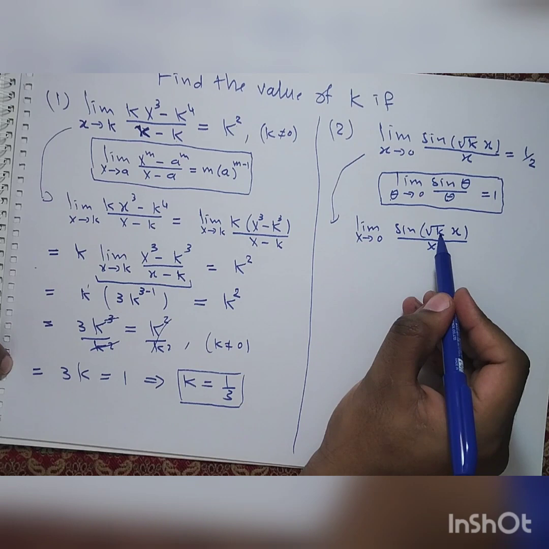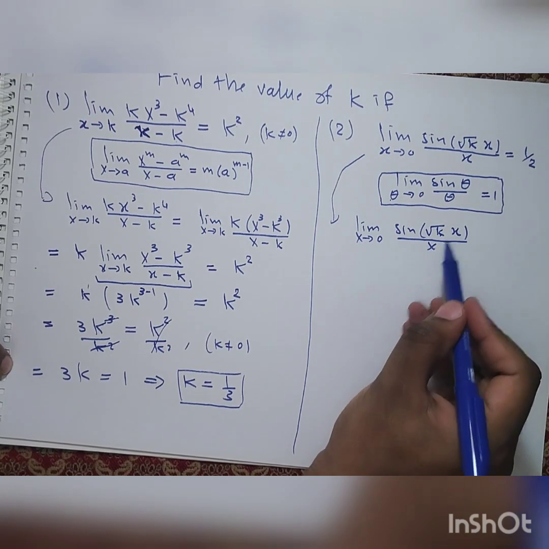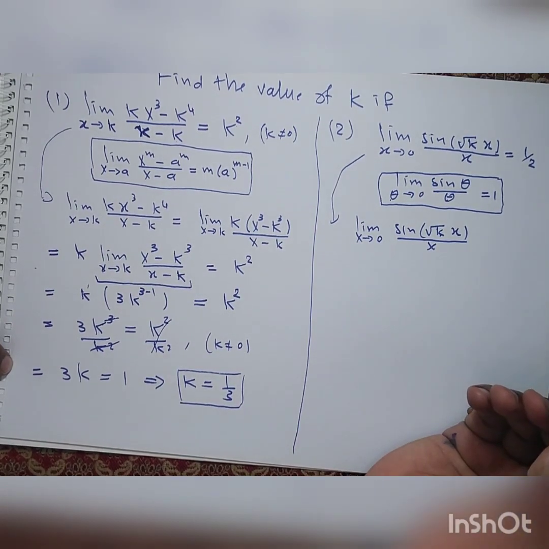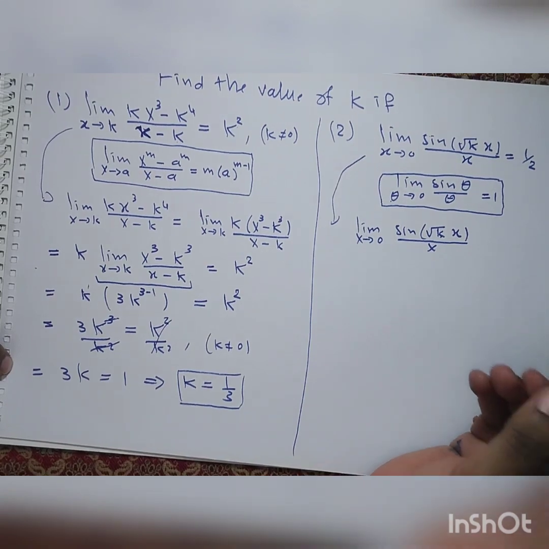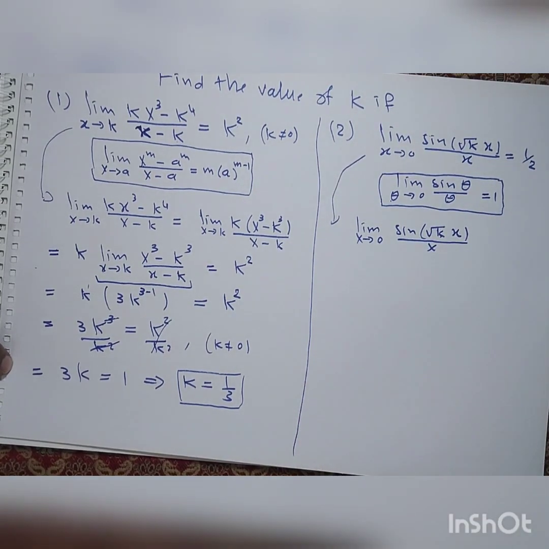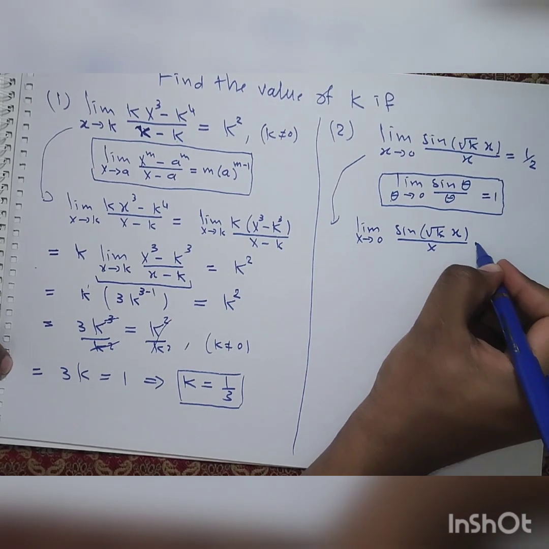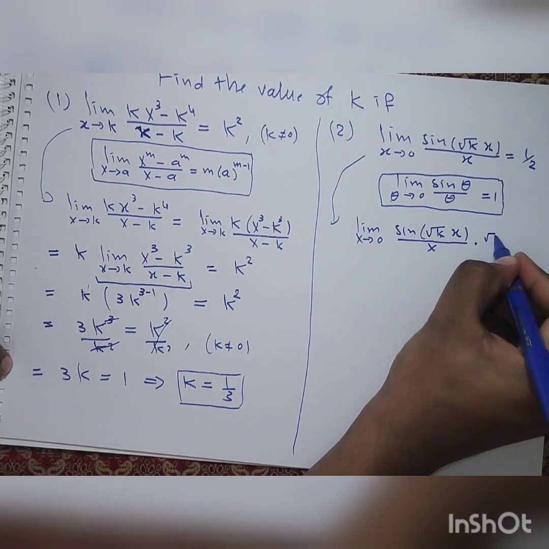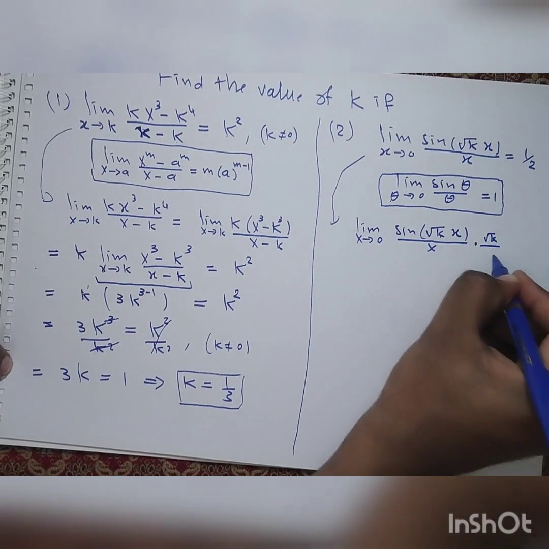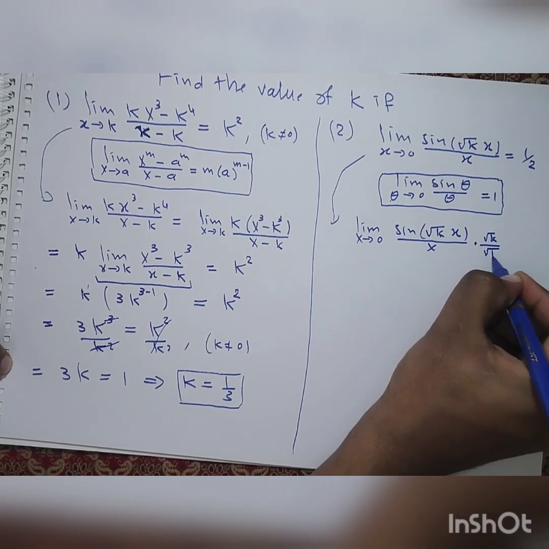But here we have radical k times x, and here we have only x. So that must be similar in order to apply this rule. So what we do here, we can multiply by radical k and we divide by radical k.